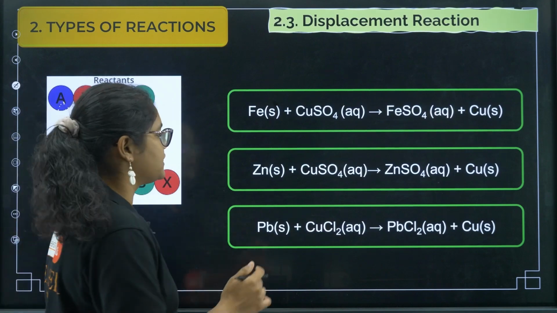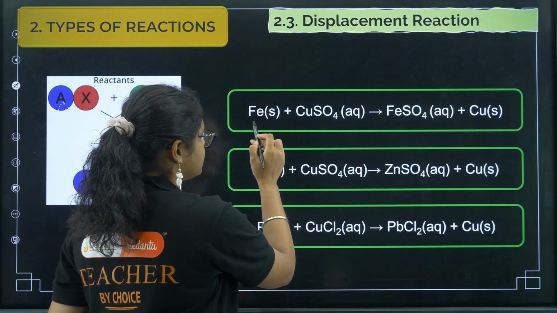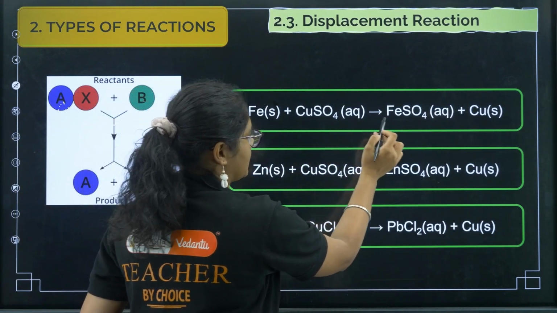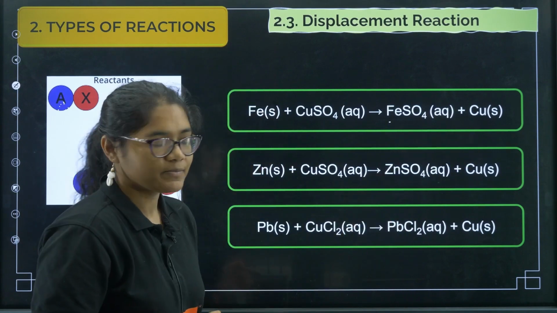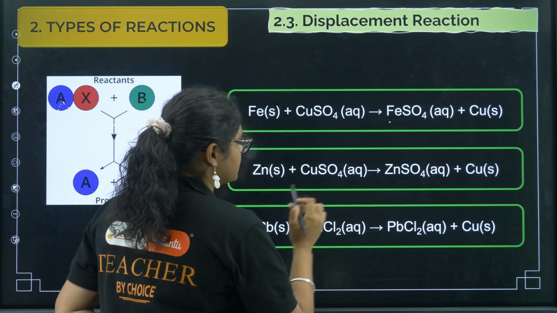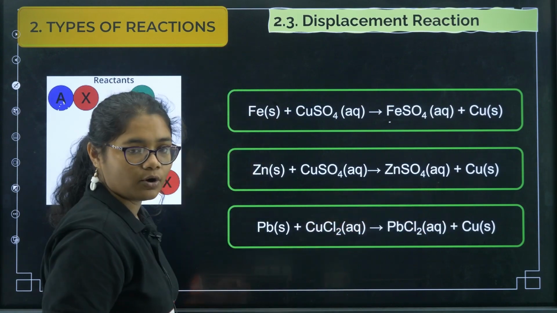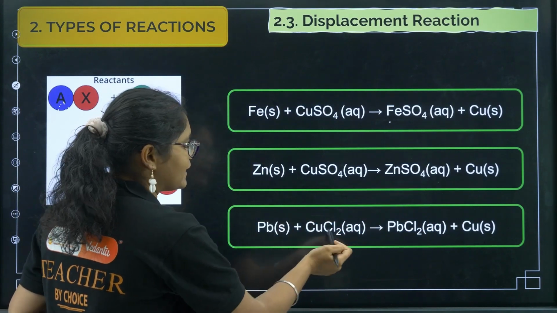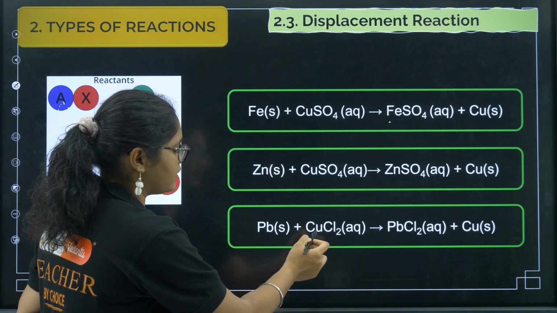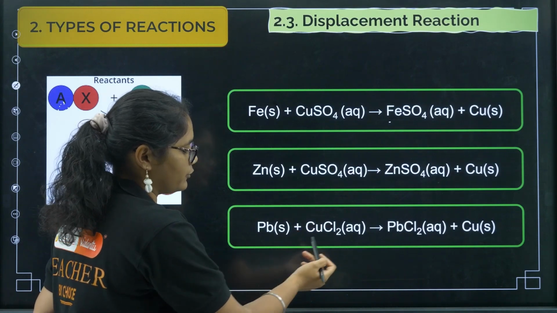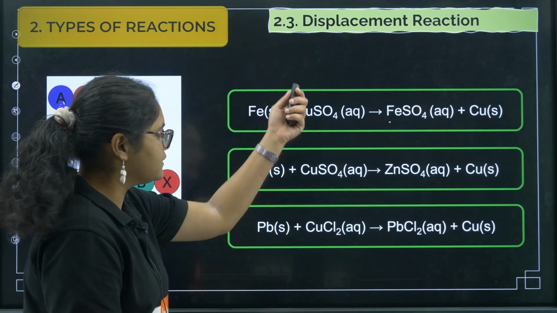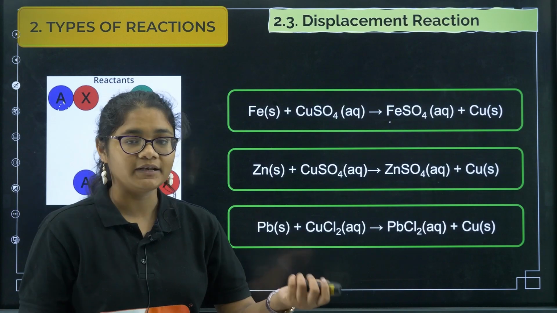Fe plus copper sulfate: Fe will displace copper and you get Fe sulfate and copper. Similarly, zinc and copper sulfate: zinc will replace copper and we get zinc sulfate and copper. Similarly, lead and copper chloride: lead will replace copper and we get lead chloride and copper. So these are different examples of displacement reaction.